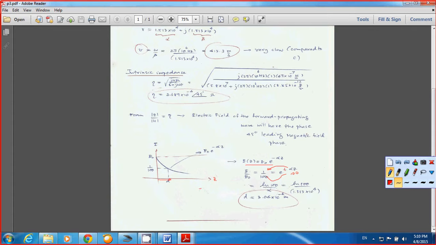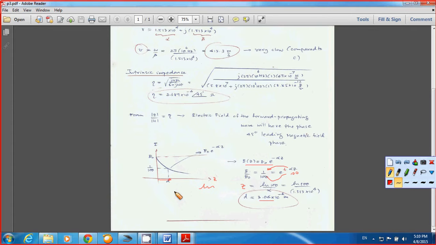And I apply ln to both sides of the equation, so I have z alpha equal to ln 100. So I simply find z by dividing ln 100 by alpha, and I get d equal to 3.04 times 10 to the negative 4 meters.